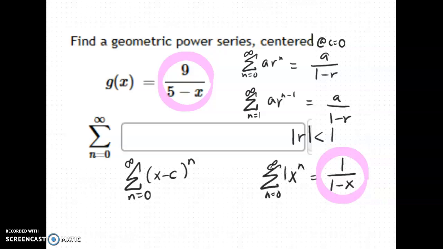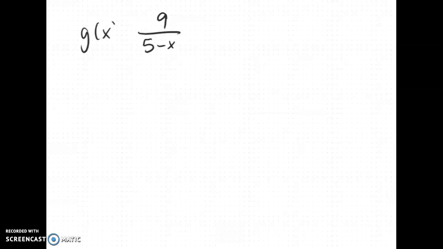So let me move to a blank sheet here, and we can work on that here. So here was my function g of x. But remember, I want it to look like this. And in order to do that, I'll need to factor out some things.